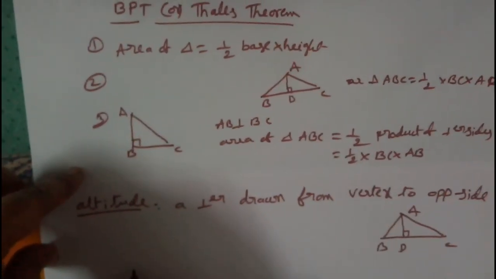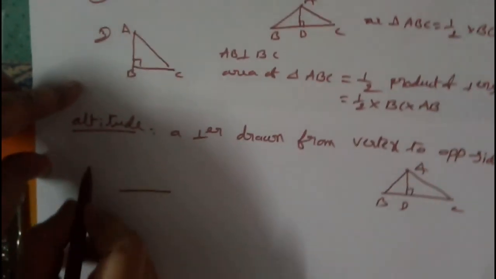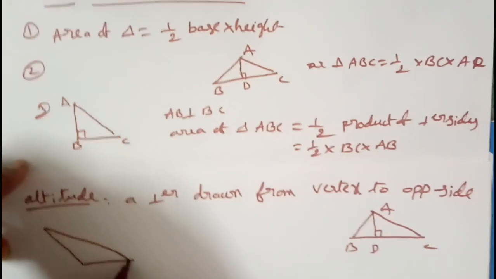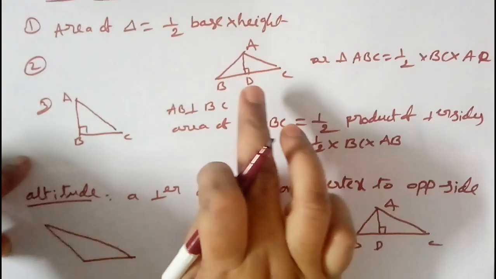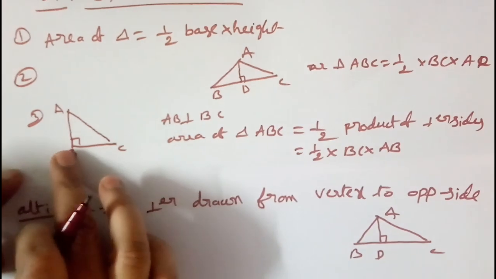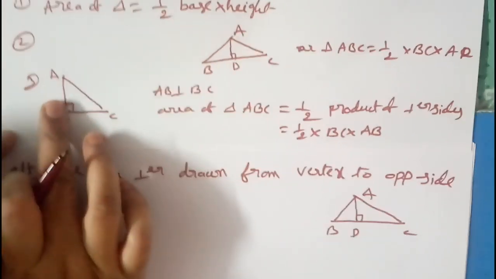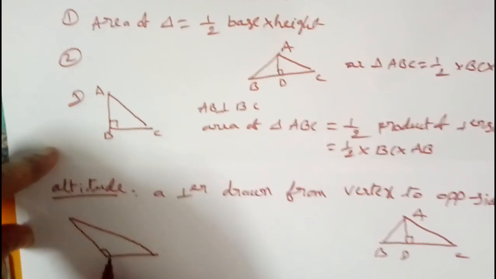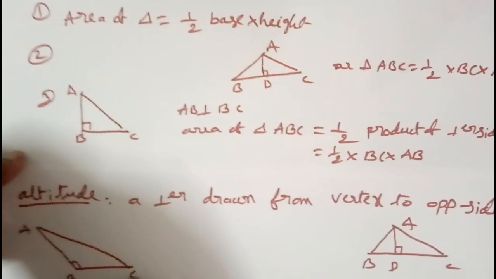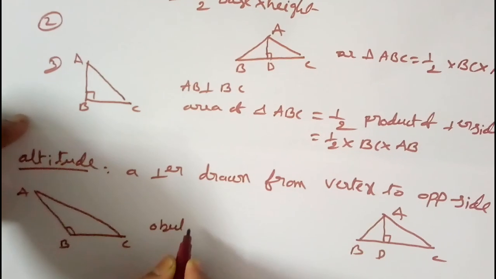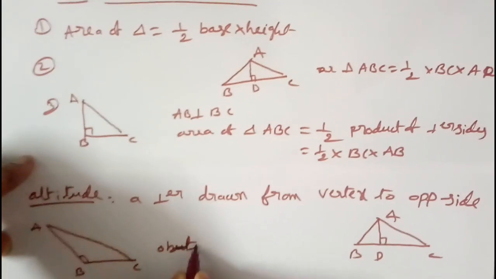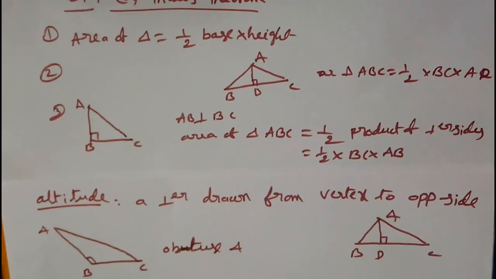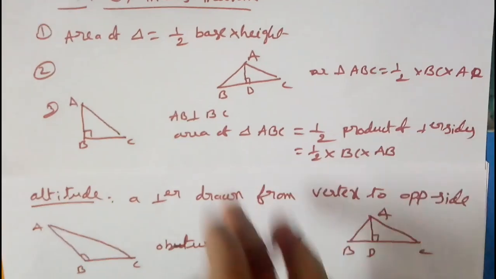If we consider an obtuse triangle, now can you tell me the altitude is always inside the triangle?